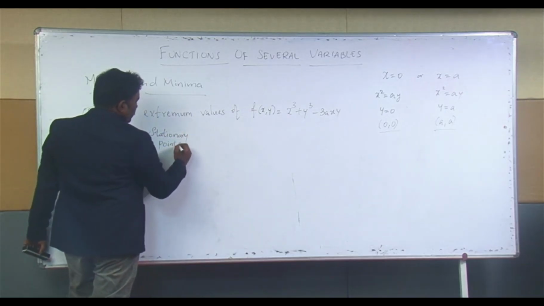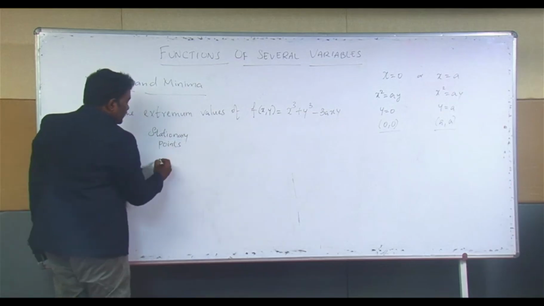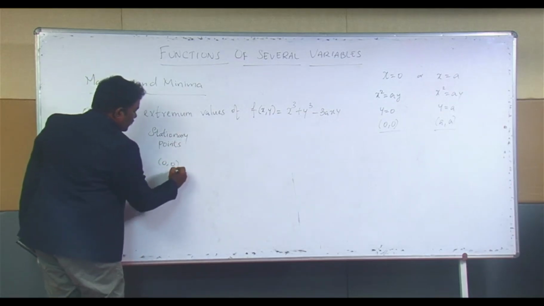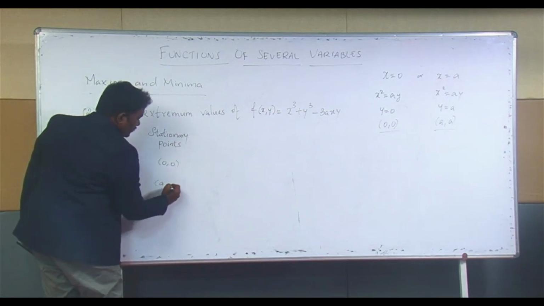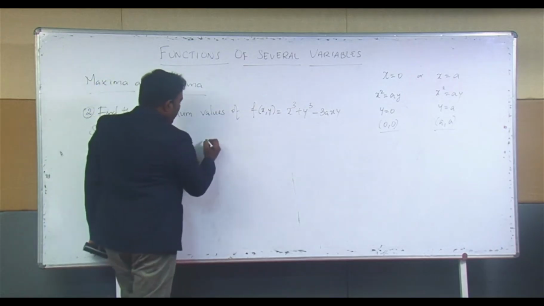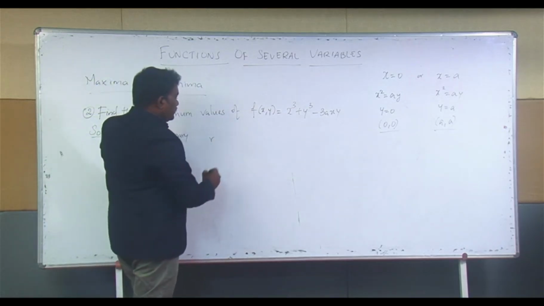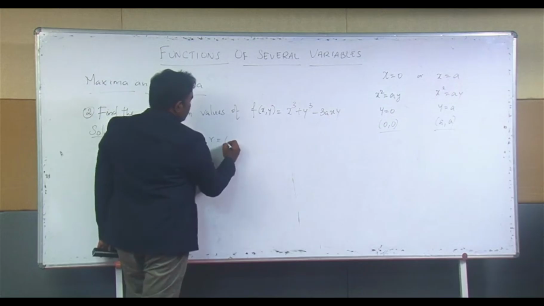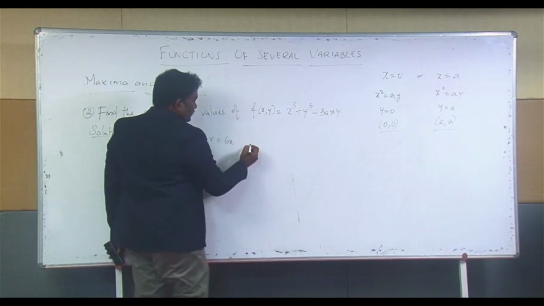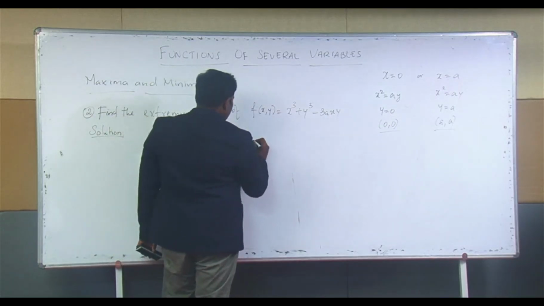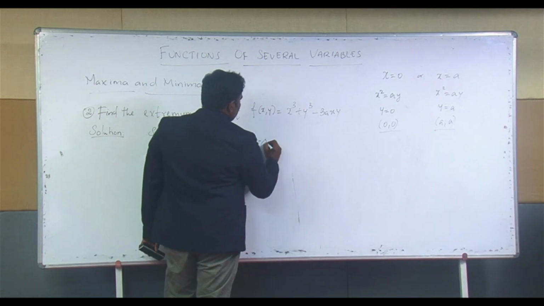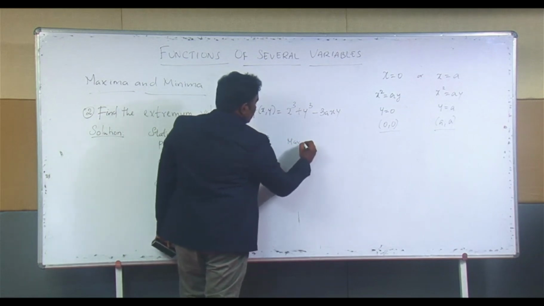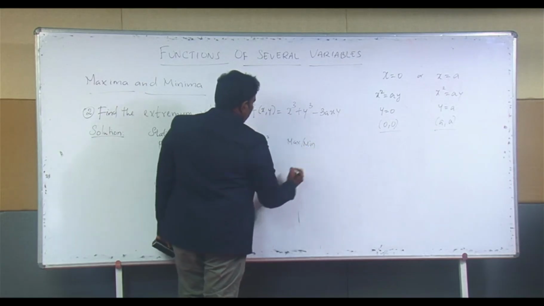So, we write the stationary points, that is 0 comma 0 and a comma a. Then r value is 6x, and we evaluate RT minus S square, to decide whether it is maximum or minimum.